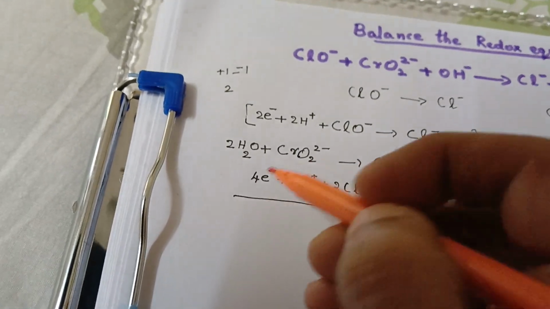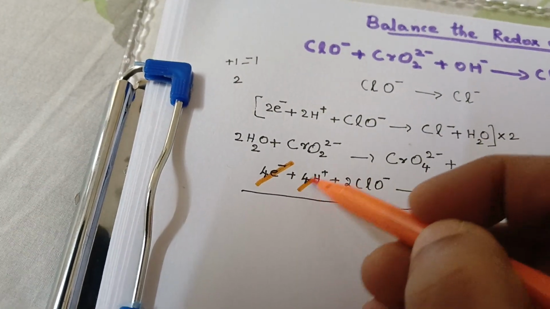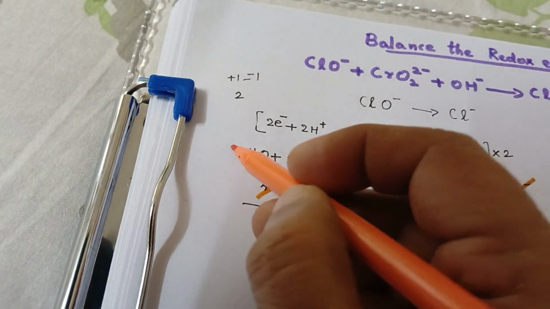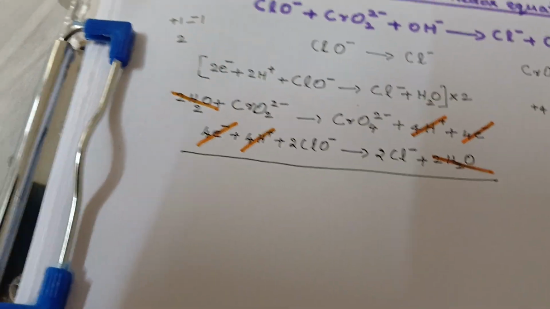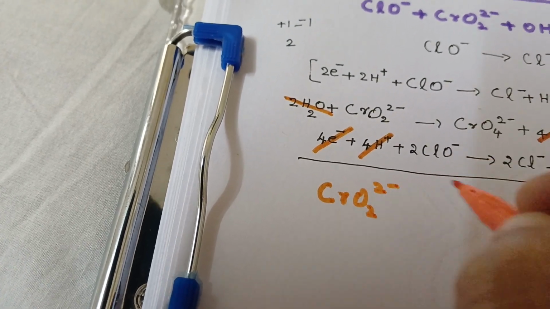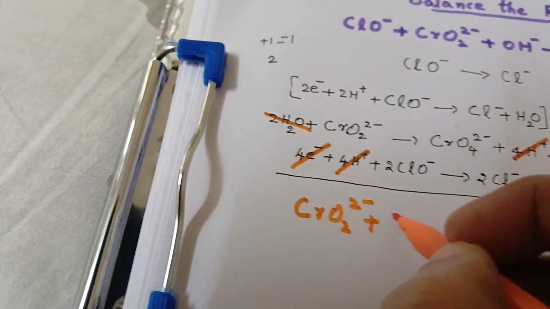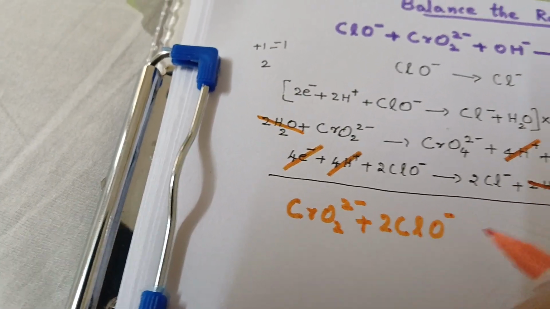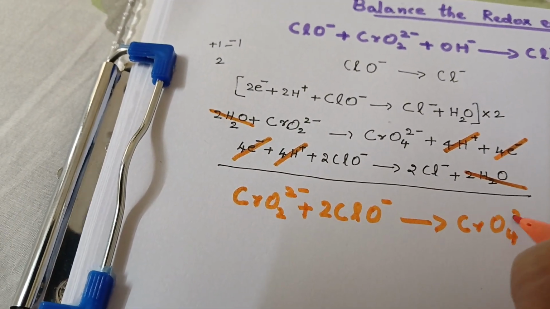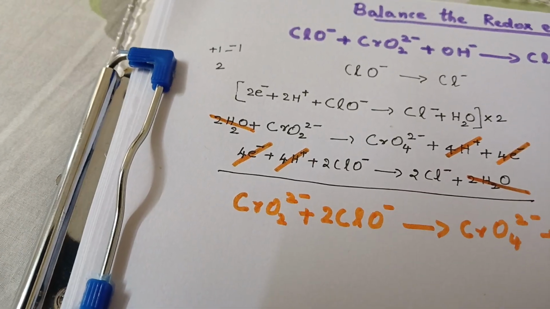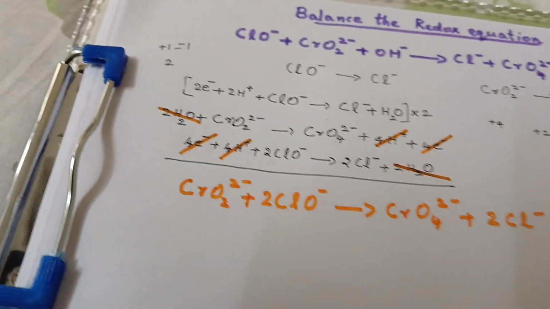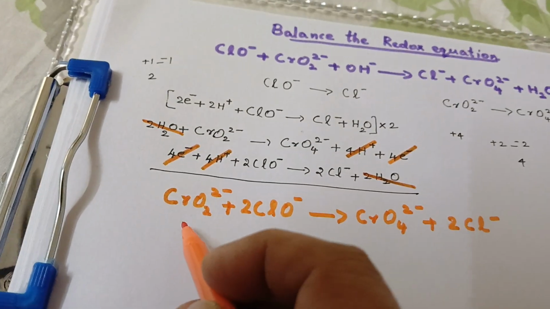So 4 electrons on either side will go. 4 H plus ions on both sides, they will go. 2 water molecules from both sides will go. Now we are left with CrO2 2 minus plus 2 ClO minus, giving CrO4 2 minus plus 2 Cl minus. So this is our balanced equation.